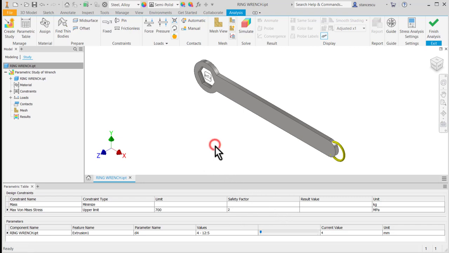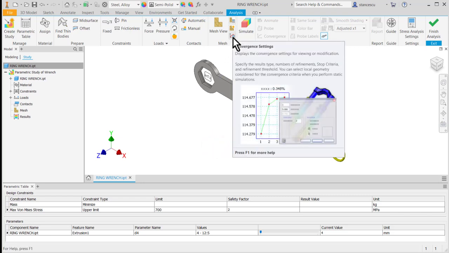Okay, this is not all, because we have to choose the convergence settings, which means the refinement of this study.